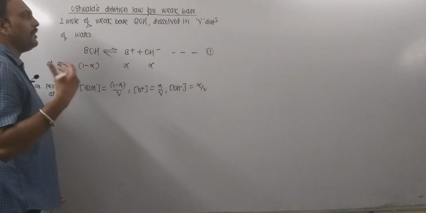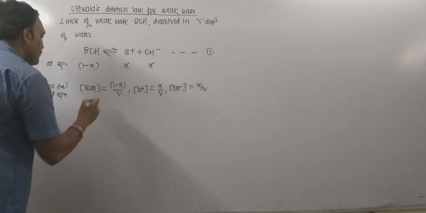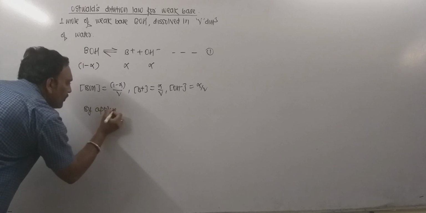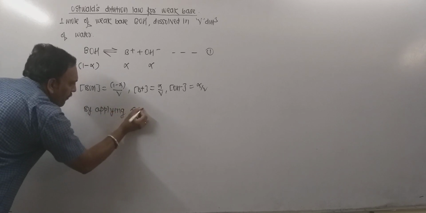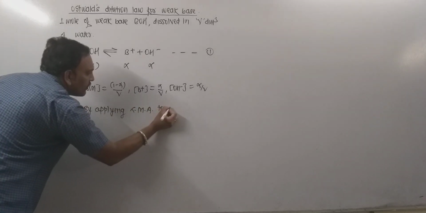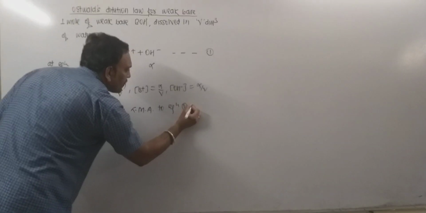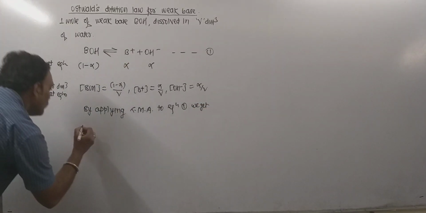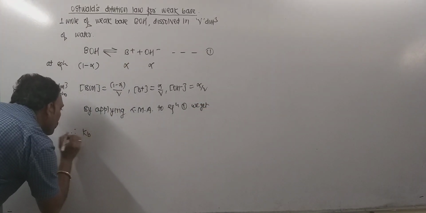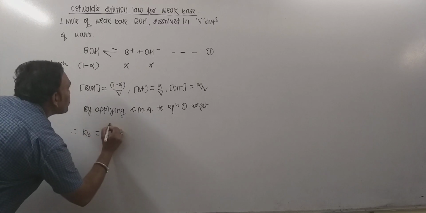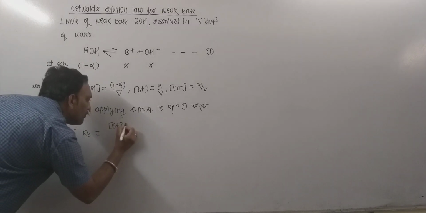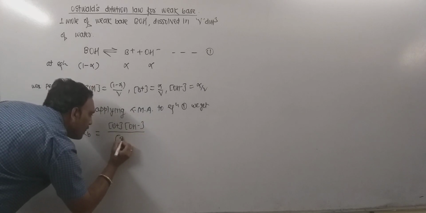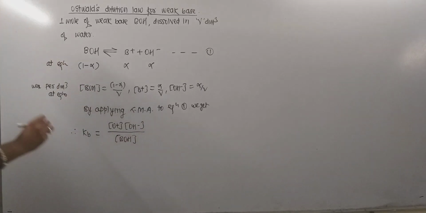Now if we apply the law of mass action to equation 1, we get the dissociation constant of base. Thus the dissociation constant of base, that is Kb, equals the concentration of B plus into the concentration of OH minus upon the concentration of BOH.